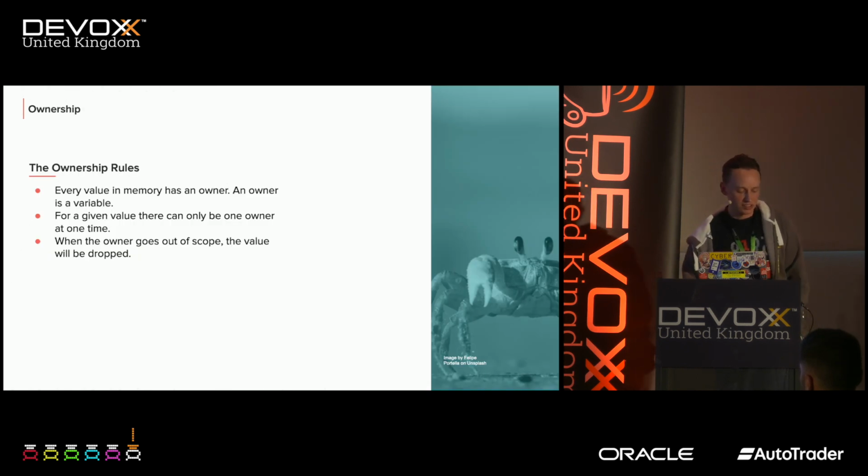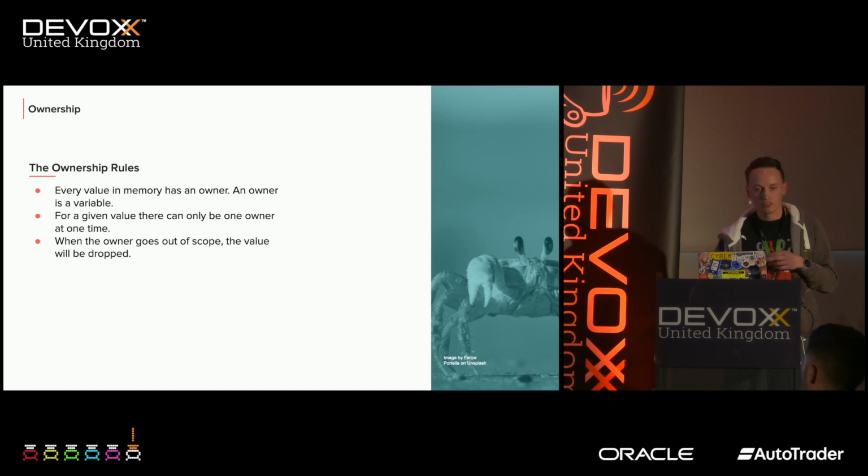So what do we need to do to prevent this from happening? Well, Rust has the ownership rules. This is the sort of third option that very few other programming languages have taken. A lot has been written and said about the ownership rules, but they're really very simple. Just these three things. Every variable in memory has an owner. An owner is a variable.